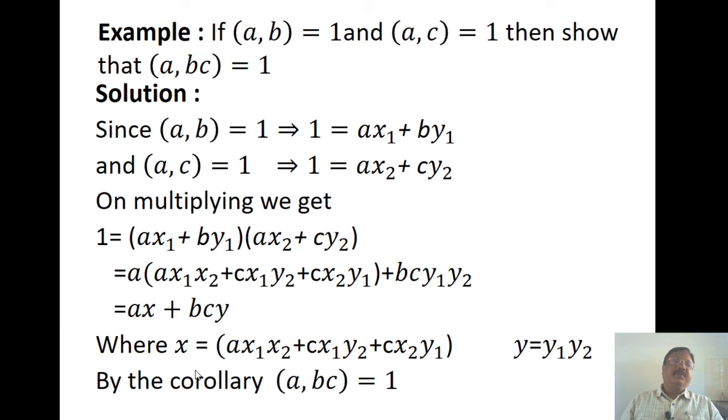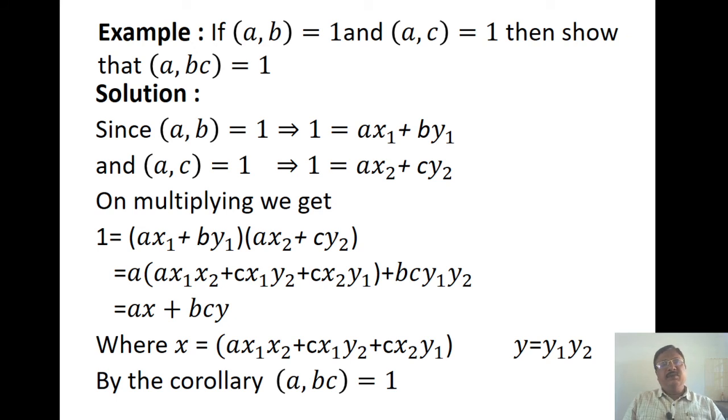Now one more example. If GCD of A, B is equal to 1 and GCD of A, C is equal to 1, meaning they are relatively prime, then show that A is relatively prime to BC. Now, the solution is as follows.